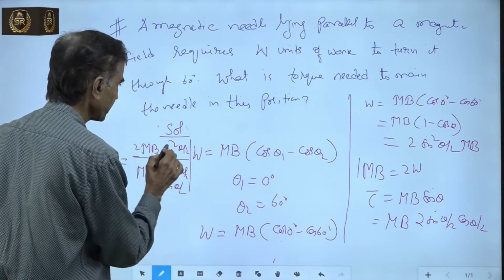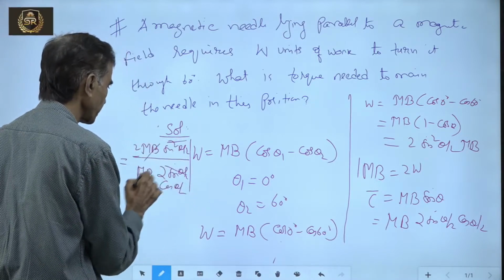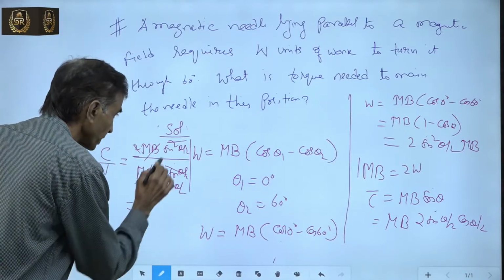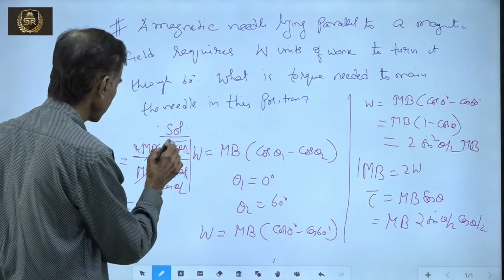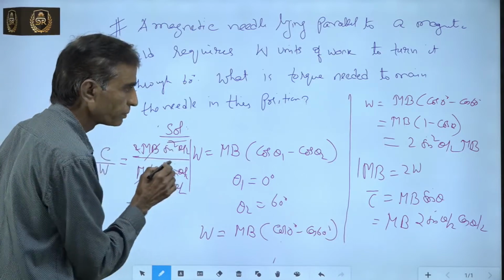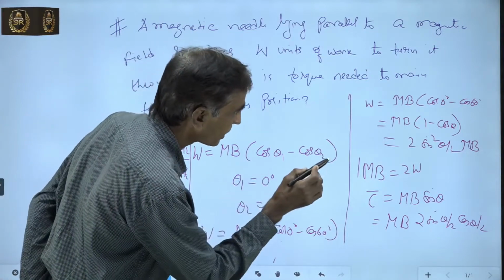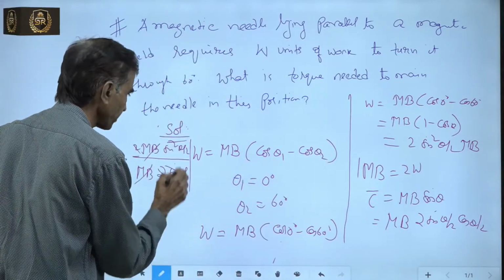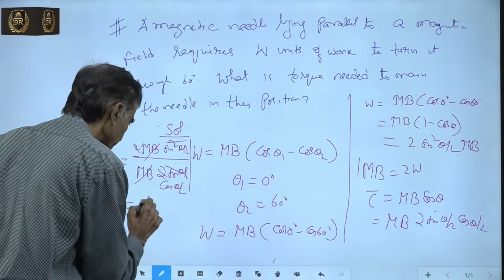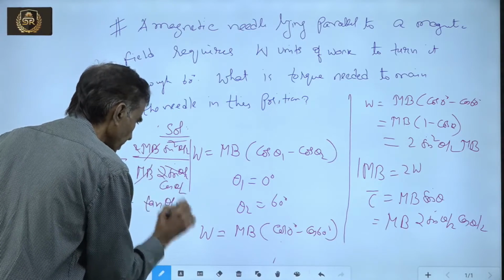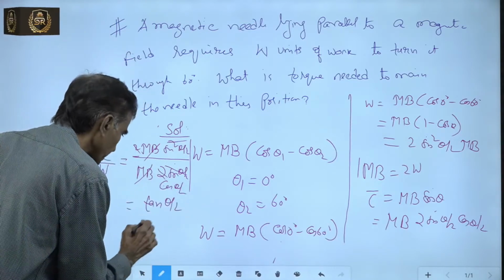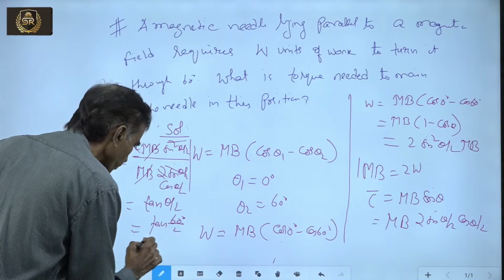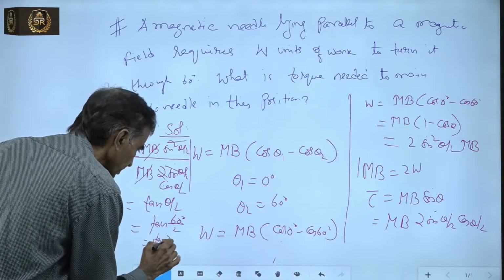So sin theta by 2, one is gone, MB gone, 2 gone. Then we have sin square theta by 2 by sin theta by 2 cos theta by 2. That is tan theta by 2. That is 60 by 2, so tan 60 by 2, which is tan 30.